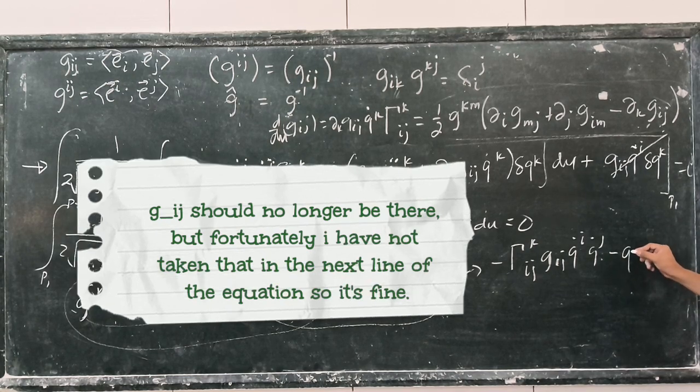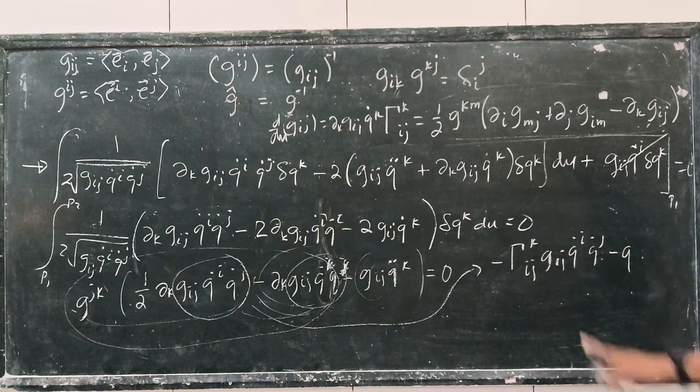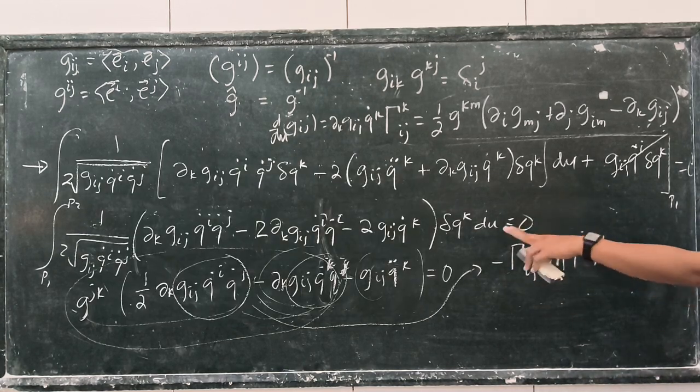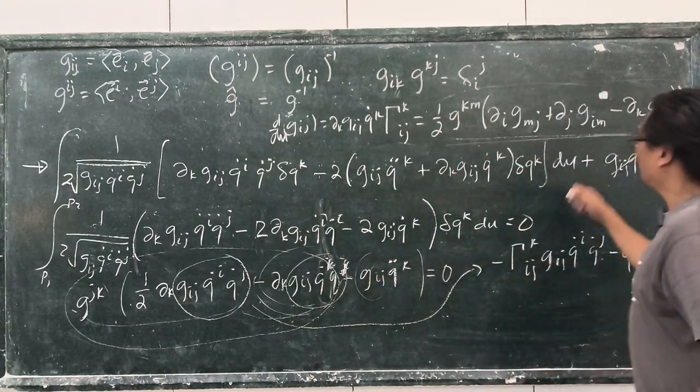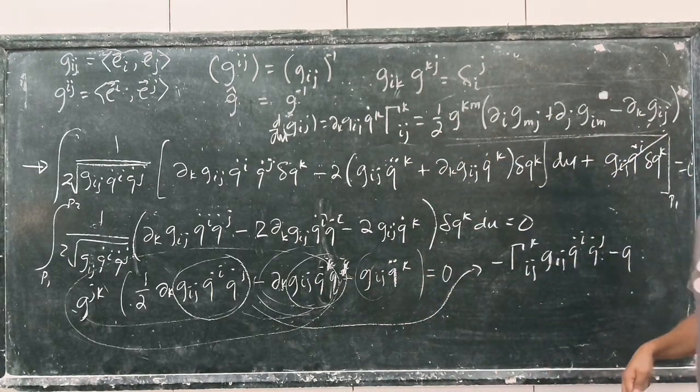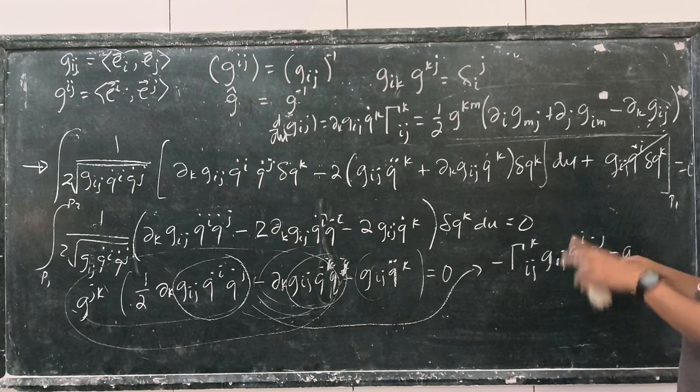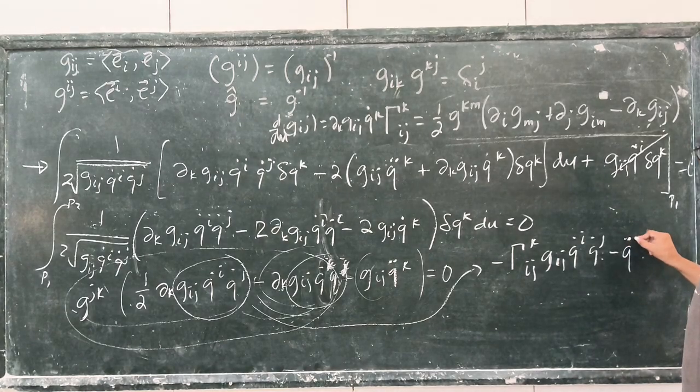The minus comes out. Minus, minus, plus, plus, minus. Zero. Okay? So, minus q dot k equals 0.